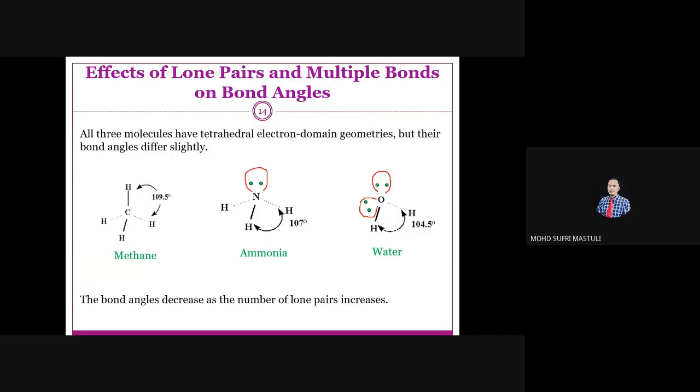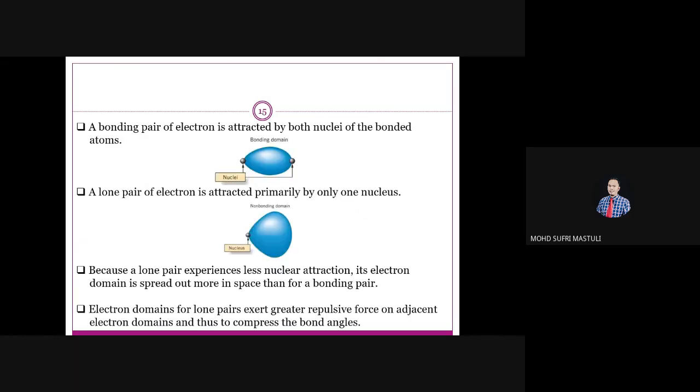The angle is reduced further from 107 to 104.5 degrees. The angle will decrease as the number of lone pairs increases. Okay, why does increasing the number of lone pairs reduce the value of the angle?